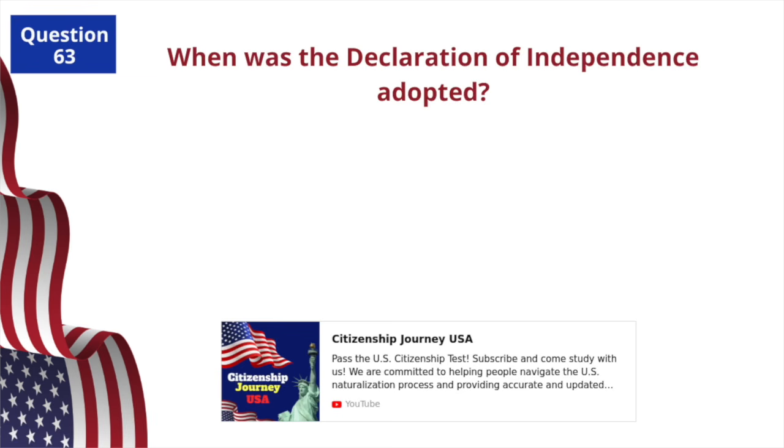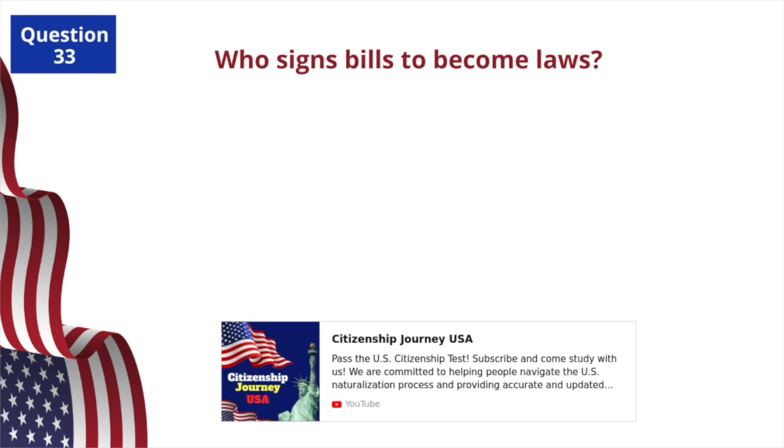When was the Declaration of Independence adopted? July 4, 1776. Who signs bills to become laws?